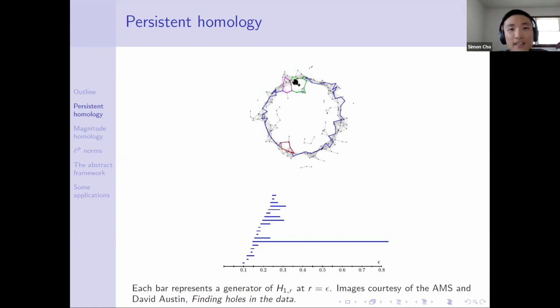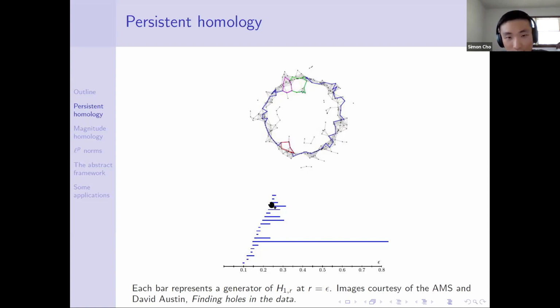You see these one-dimensional holes popping up, and the smaller holes have already been filled in at that scale. Each qualitatively different loop you see corresponds to a generator of H1 at this length scale. These are images that I've pilfered from various sources.